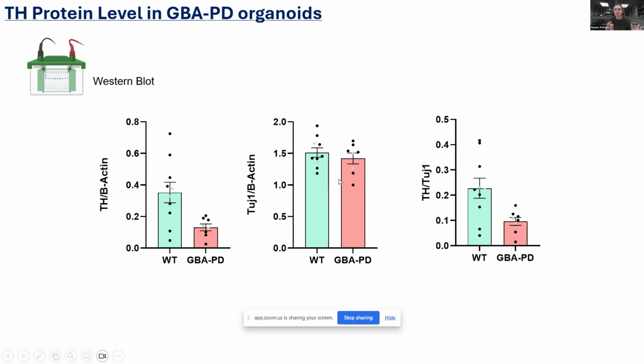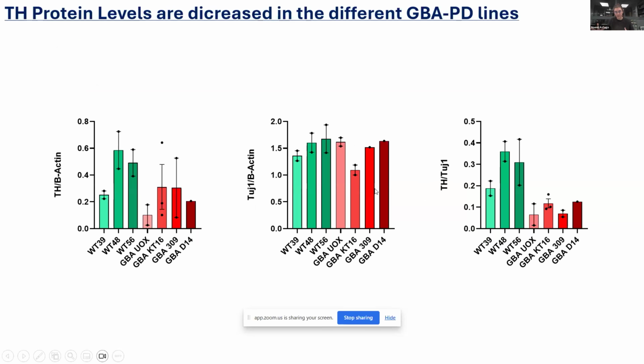So here we can see that in the GBA-PD, we have a loss of dopaminergic protein that is specific for that population. And when we split our GBA-PD lines by each cell line, you can see that globally we still see this decrease of TH protein level, but some cell lines are showing a more severe loss of that protein compared to others.